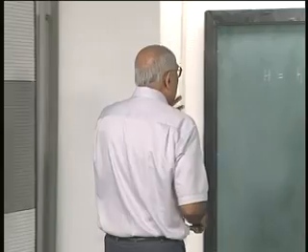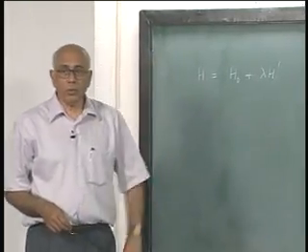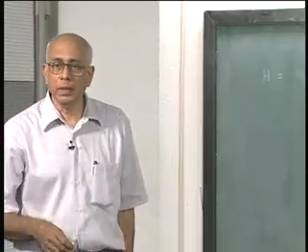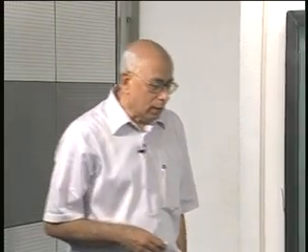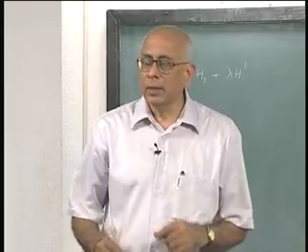Now a formal way of handling this was evolved long ago by Dirac himself in the early days of quantum mechanics, and he introduced a way of writing a transformation which goes from the original Schrodinger representation not to the Heisenberg picture which we already studied, but something in between the Schrodinger and Heisenberg pictures called the interaction picture, and I would like to introduce that.